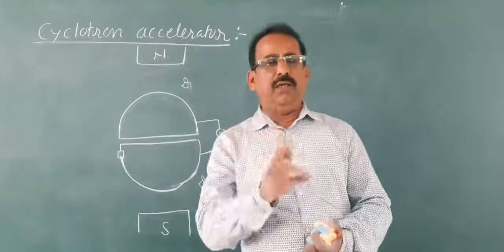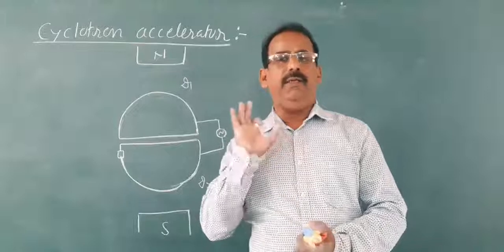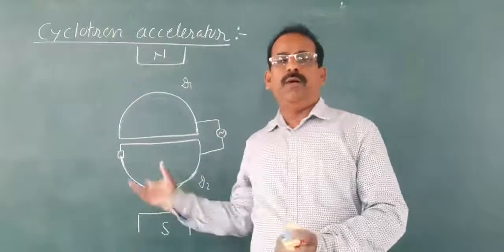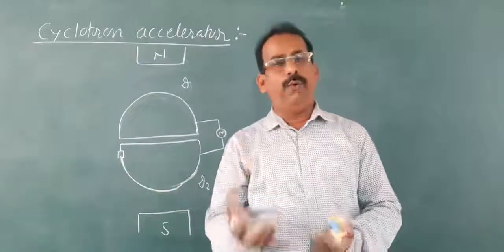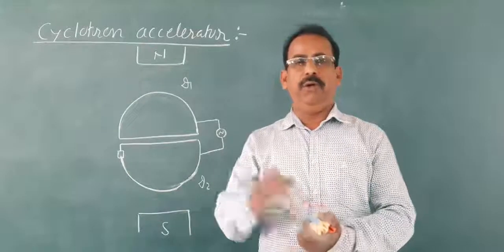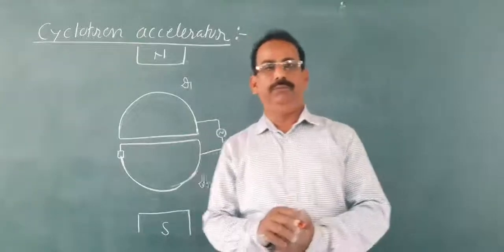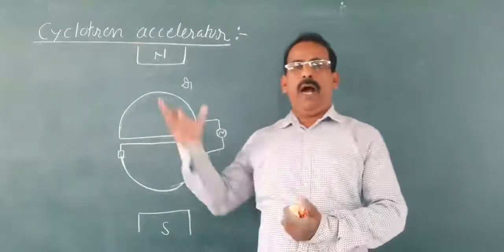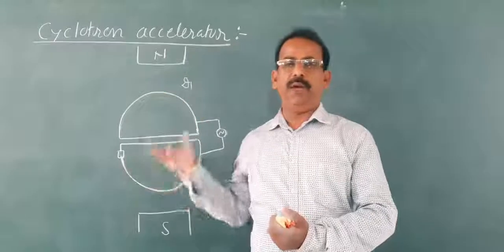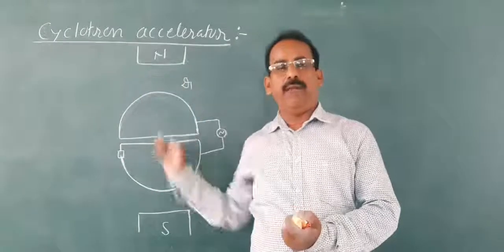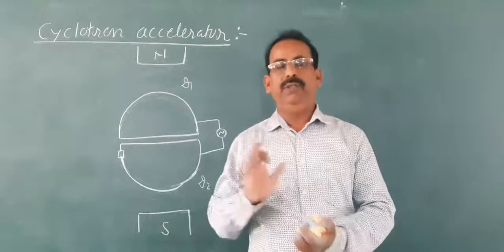These two Ds are connected to the source of alternating EMF. To one of the Ds, there is a hole or window in order to eject charged particle from that window. And a perpendicular magnetic field is applied with the help of two magnetic poles as shown in figure.